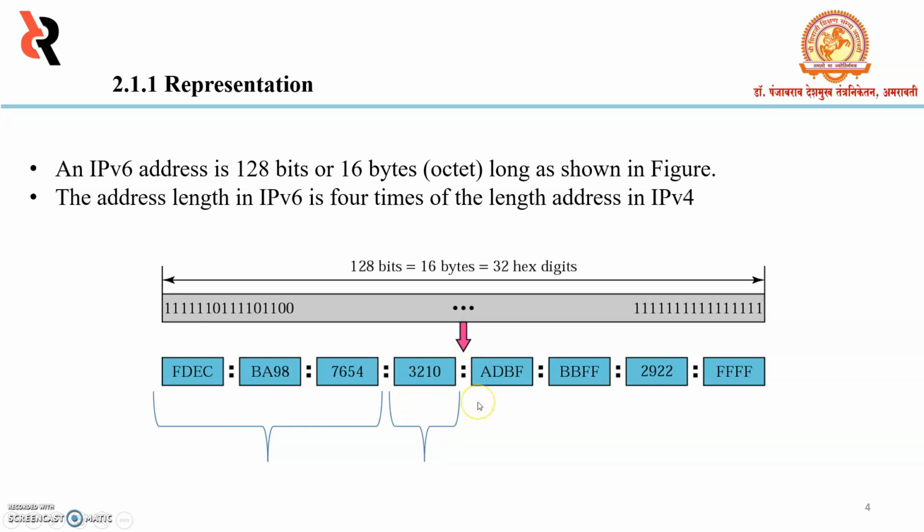This means 64 bits are available for interface identifier. So this is the global prefix, this is the subnet, and this is for interface ID. We'll see this representation in detail in upcoming session.